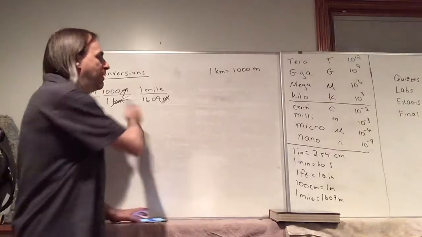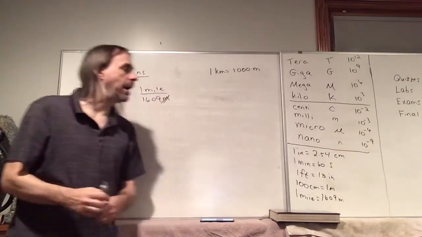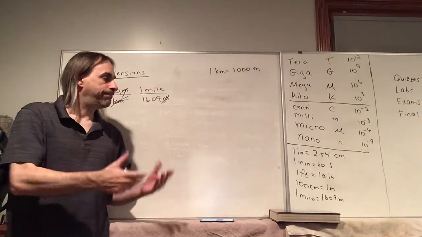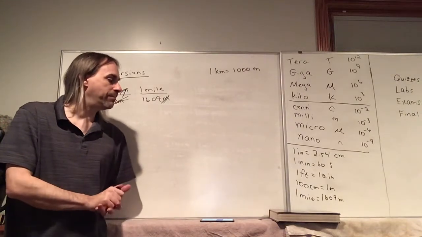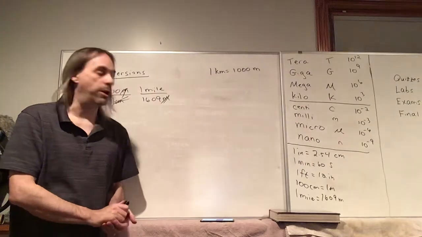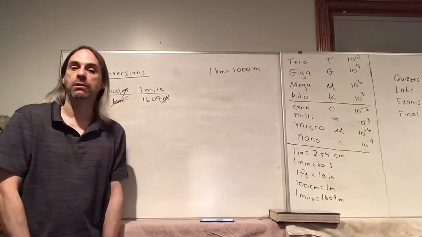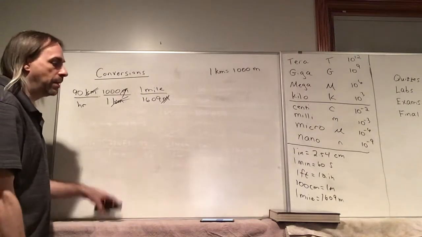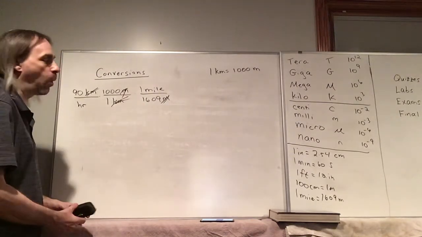So again, you don't always have to have these long chains of conversion factors. Sometimes, a lot of them, it's already been done for you. Like 1 mile is 1,609 meters. That one's easy to look up. And so that greatly shortens the problem.